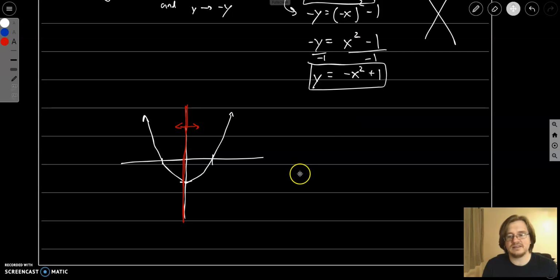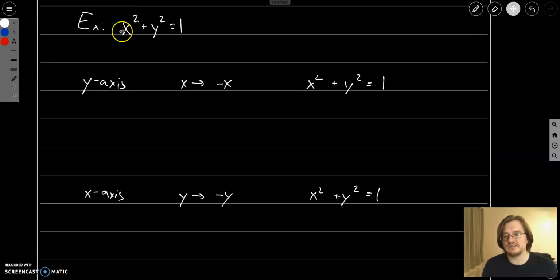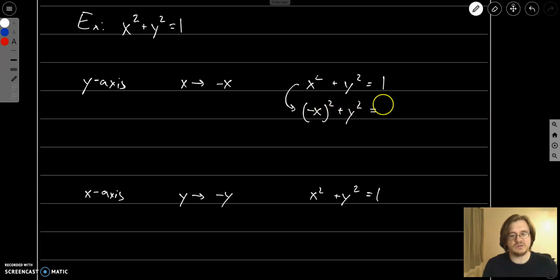Let's look at another graph. Again, this is given by an equation. This is x squared plus y squared is equal to 1. For y-axis symmetry, I'll need to see if I get the same graph if I exchange left and right, as in if I exchange positive x values for negative x values. When I make this exchange, I get negative x squared plus y squared is equal to 1.